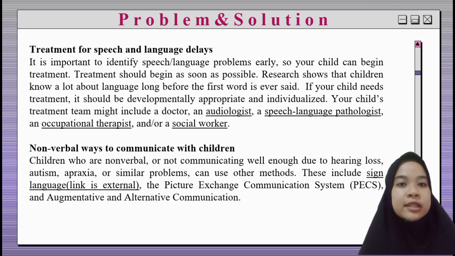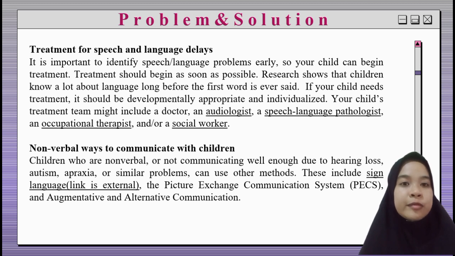Your child's treatment team might include a doctor, an audiologist, a speech-language pathologist, an occupational therapist, and a social worker. Next, I would like to talk about nonverbal ways to communicate with children.